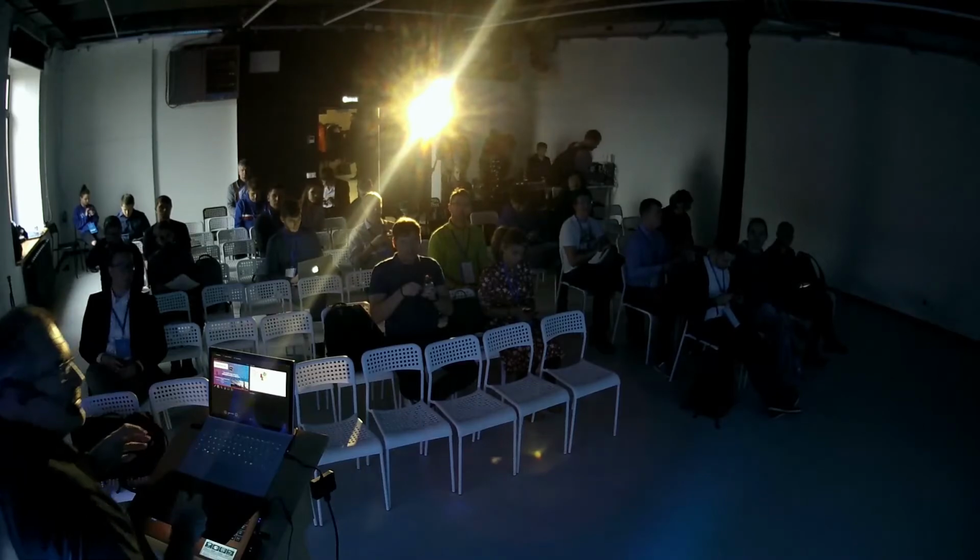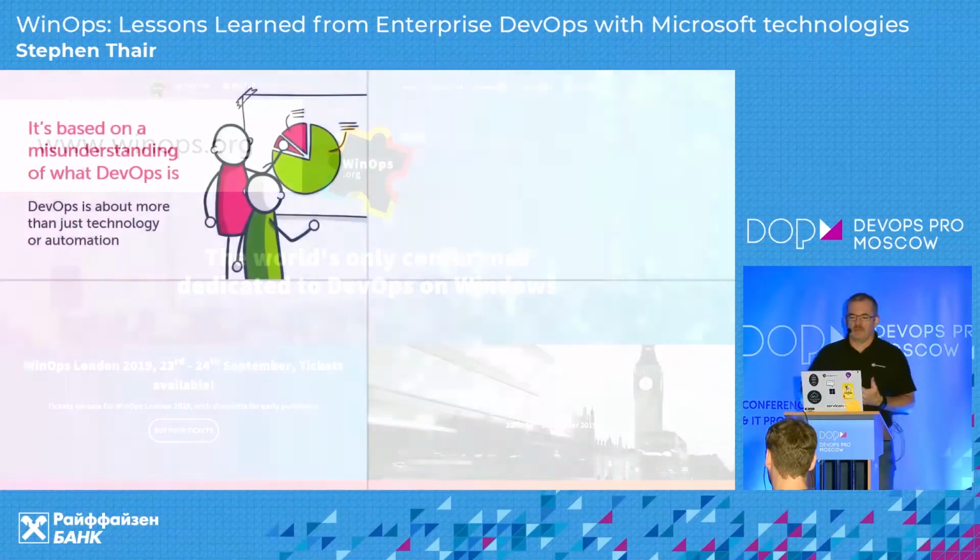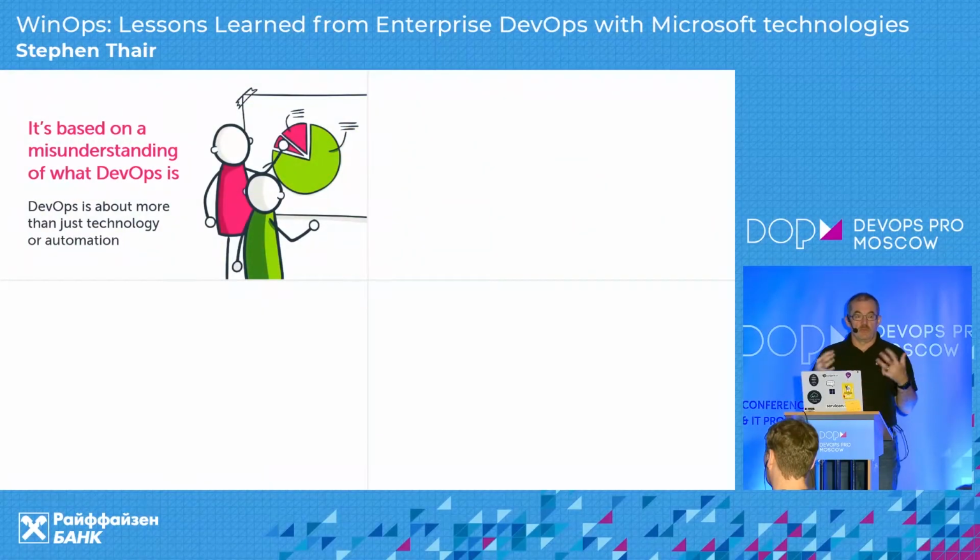Okay. So it was really based on four misunderstandings about where Windows is and what the Windows ecosystem is. The first misunderstanding was based upon what DevOps really is, because DevOps is about a lot more than just technology, and whether it's Windows or Linux is not the most important question or problem that you have.